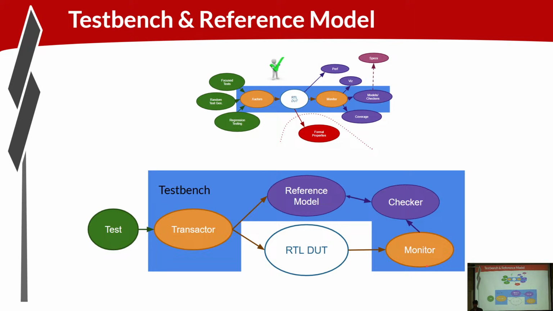By breaking off that function as a separate thing, you can share that work of abstracting the behavior for other models that are overseeing the behavior. Your reference model then doesn't have to know the individual pin level, and also your monitor can tell your checker, okay, this is what the RTL did. Your checker can tell the reference model, and that might impact the modeling, right?